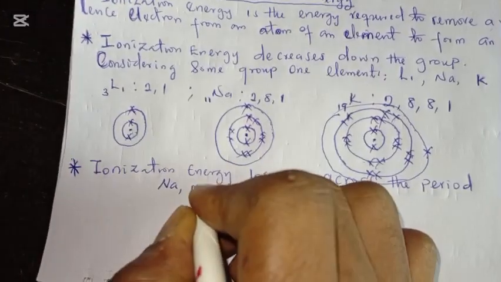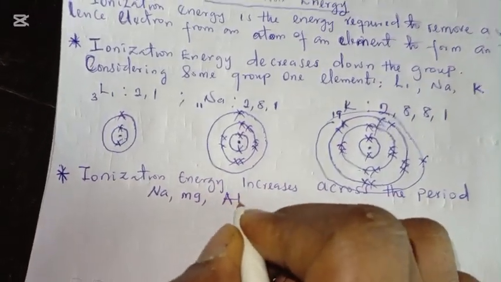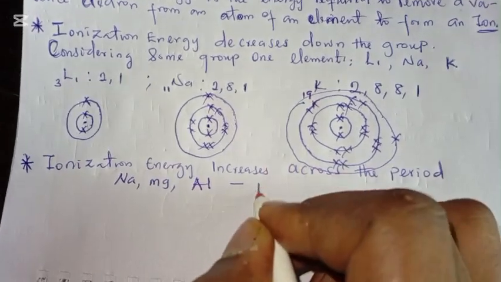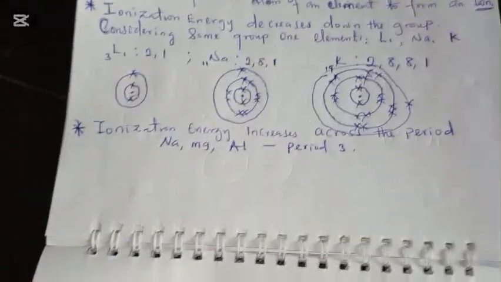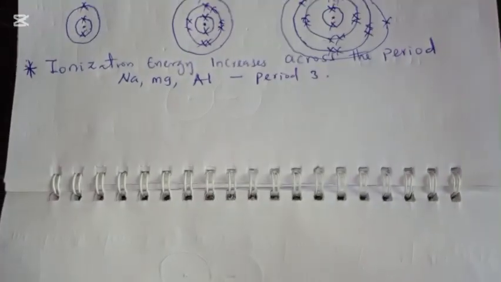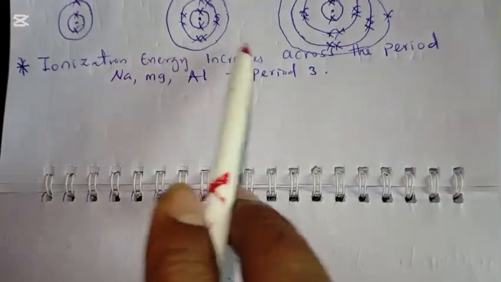These are members of period 3 of the periodic table. So let's see what happens to them to ascertain why we said ionization energy increases across the period.